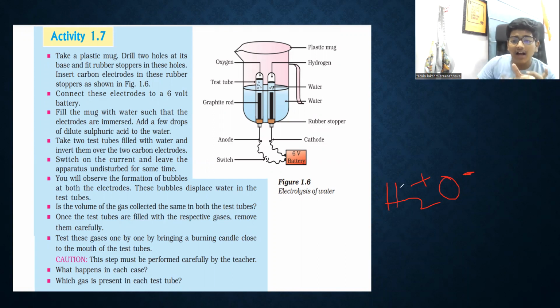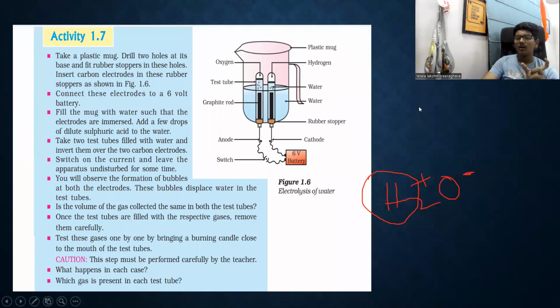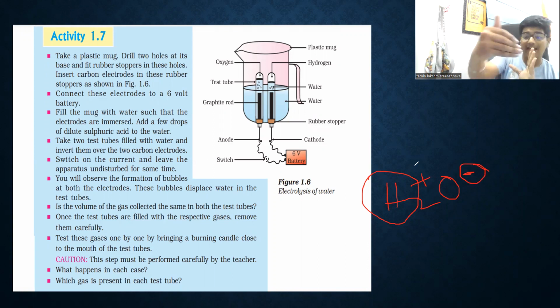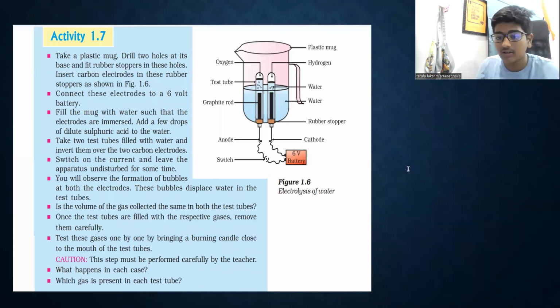Hydrogen is a cation, and oxygen is an anion. Anion will go towards the anode. Every student has this confusion. Remember, cations are positive.